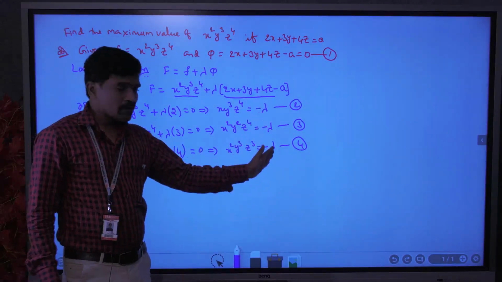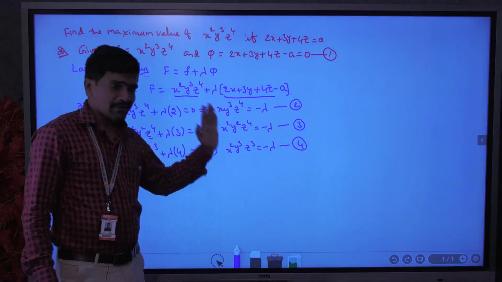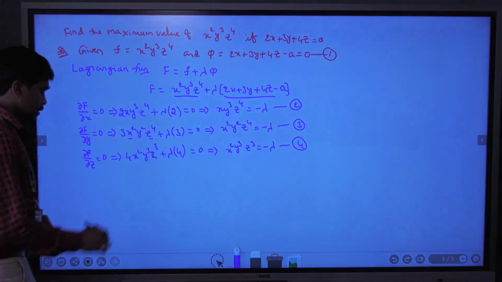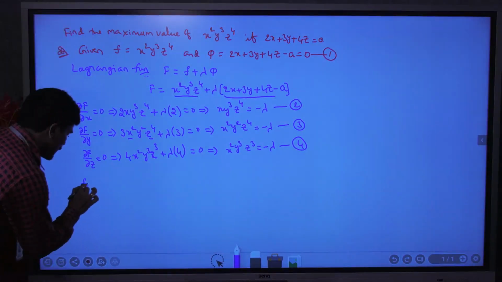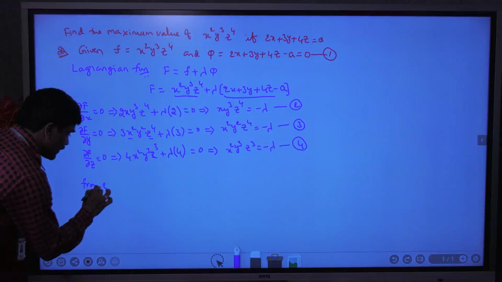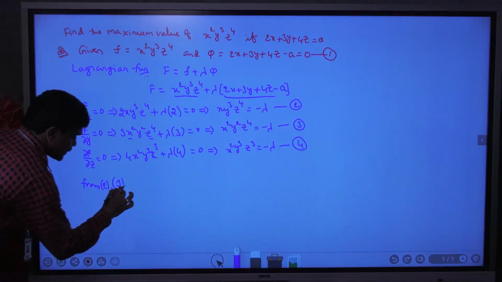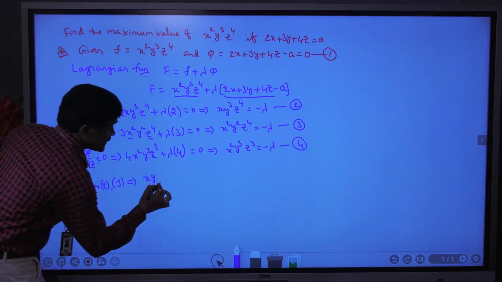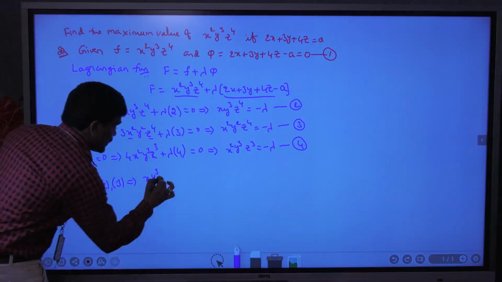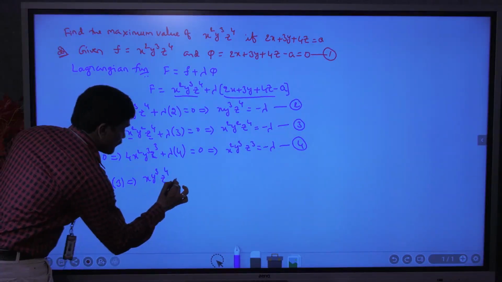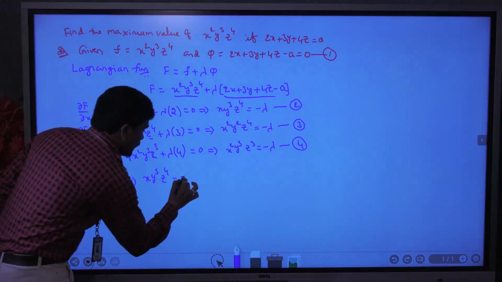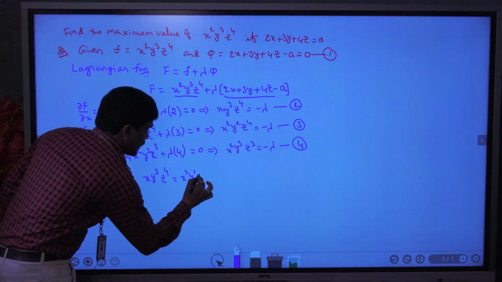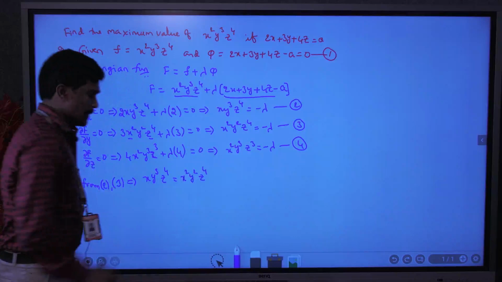So observe these three equations 2, 3, 4. The right hand sides are equal, so equate the left hand sides. First take equations 2 and 3. Since the right hand sides are equal, equate the left hand sides: x y cube z power 4 is equal to x square y square z power 4.